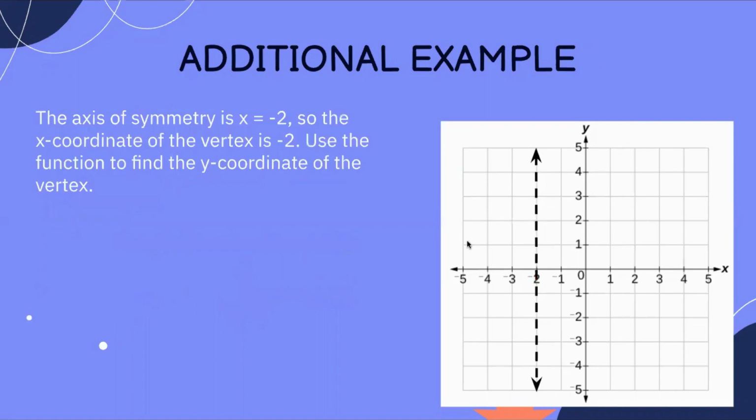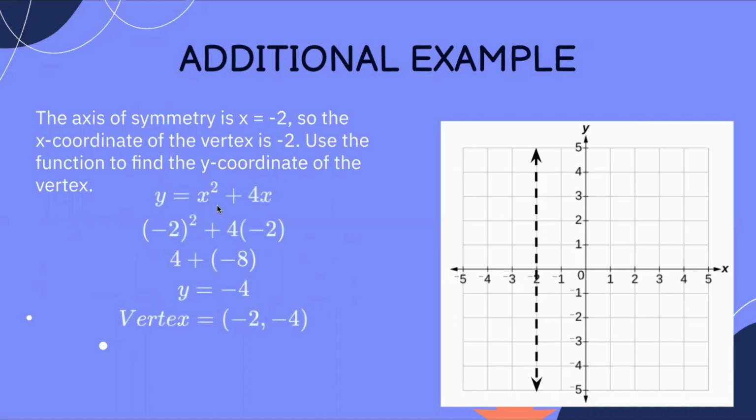And now that we've found the axis of symmetry, let's go ahead and find the vertex. The axis of symmetry, once again, is x equals negative 2. So the x-coordinate of the vertex has to be negative 2. We're going to use our equation to find the y-coordinate of the vertex. Again, our equation is y equals x squared plus 4x.